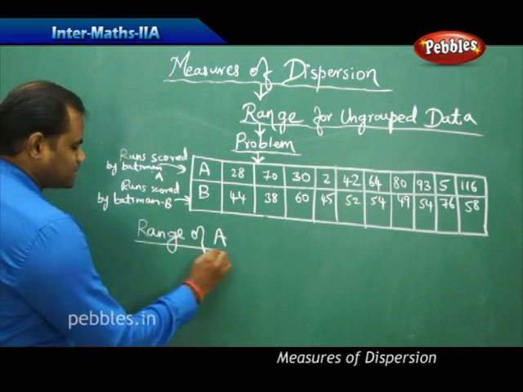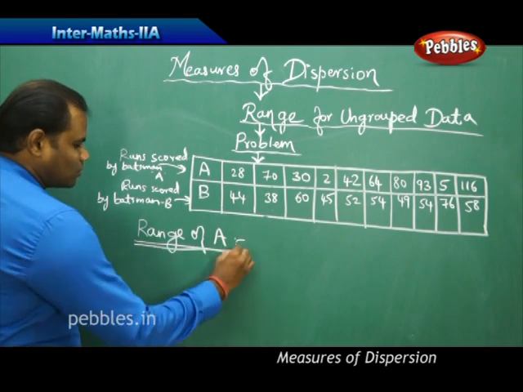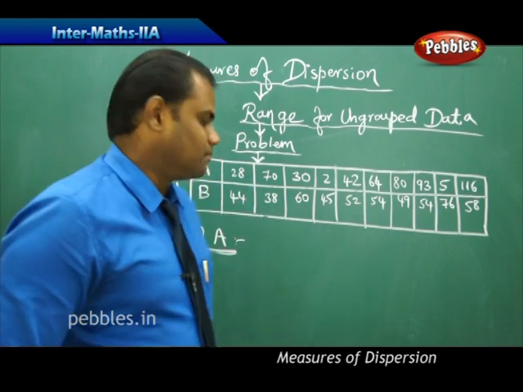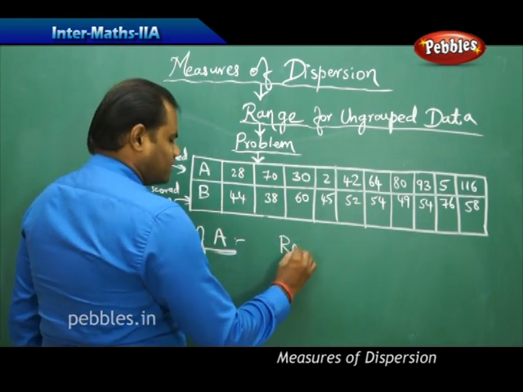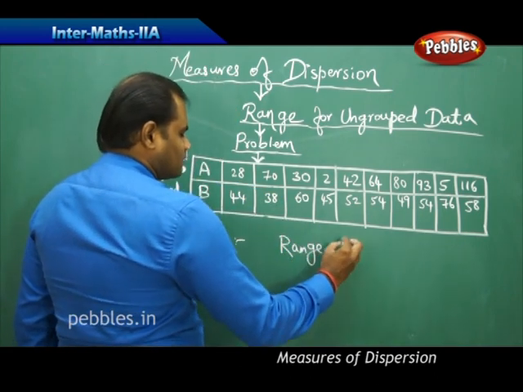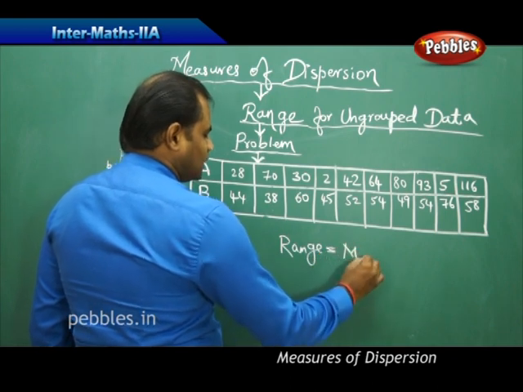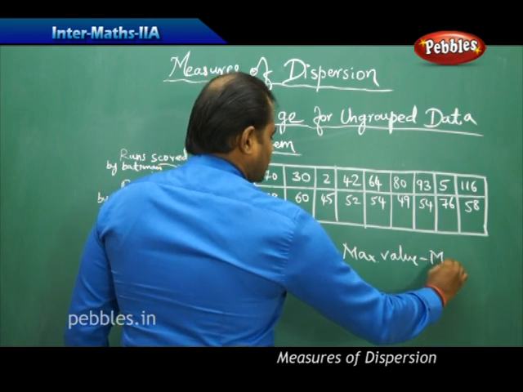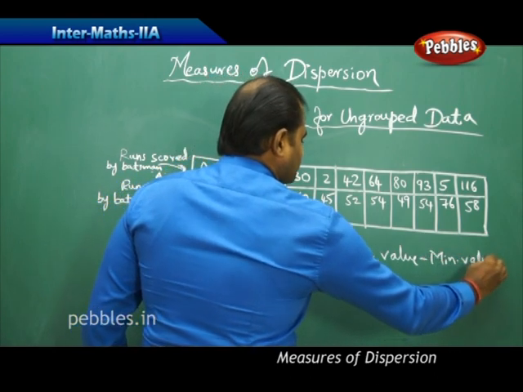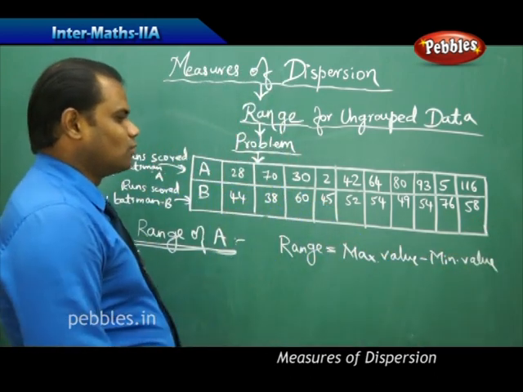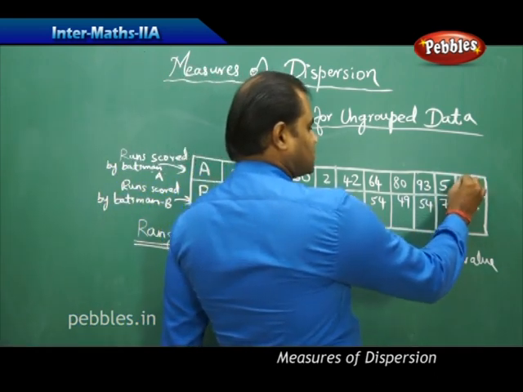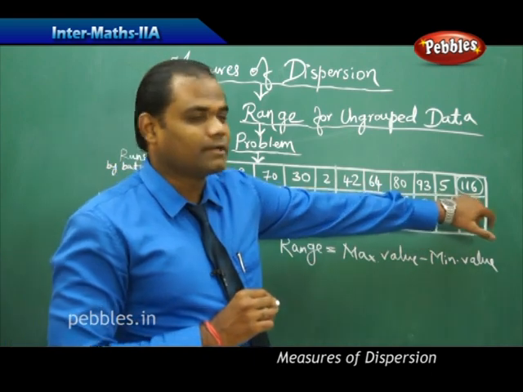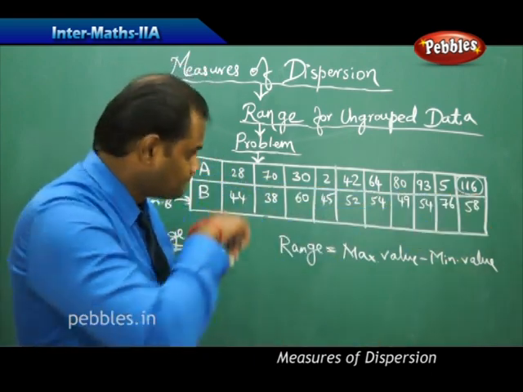So the range of batsman A is calculated for ungrouped data with the previous formula, the maximum minus minimum. Therefore, to find the range of A, this formula is maximum value minus minimum value. Now in the first row, the maximum or the highest runs which the batsman makes is in the 10th match, which is 116, a century.